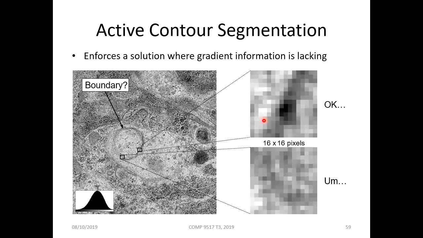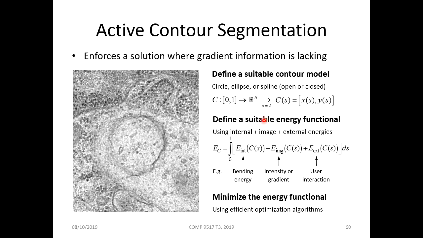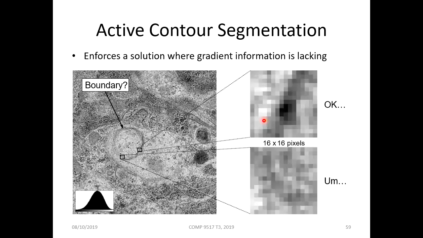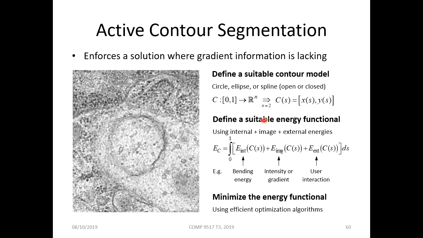But here comes the power of these active contour methods, is that you can enforce a particular shape of the contour, or within a certain allowed range of possibilities. Because in this case, I would already know that the object is more or less circular.